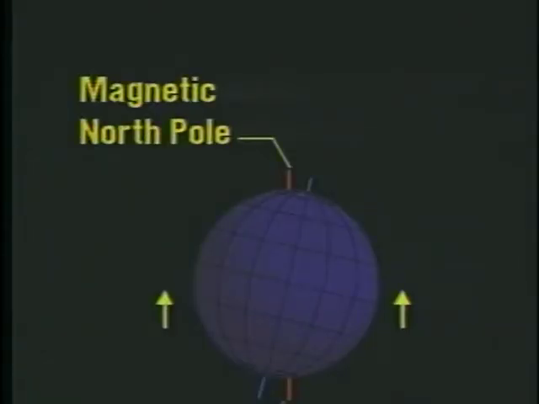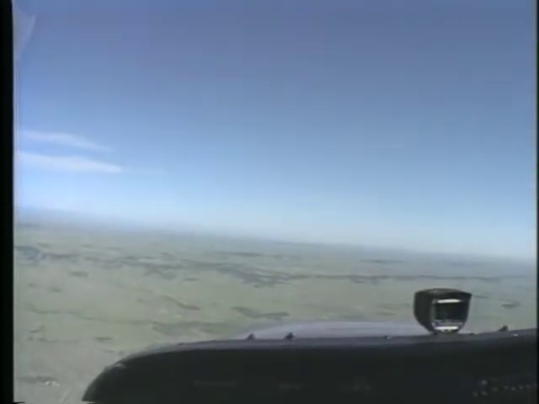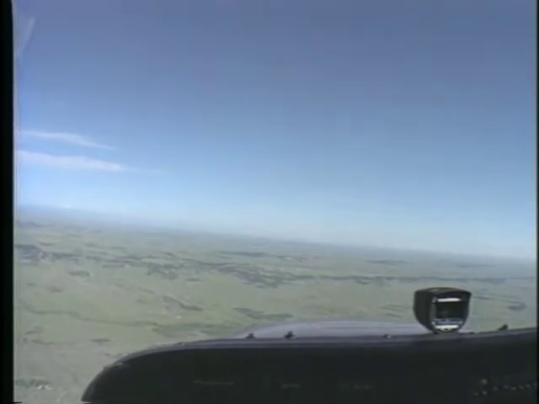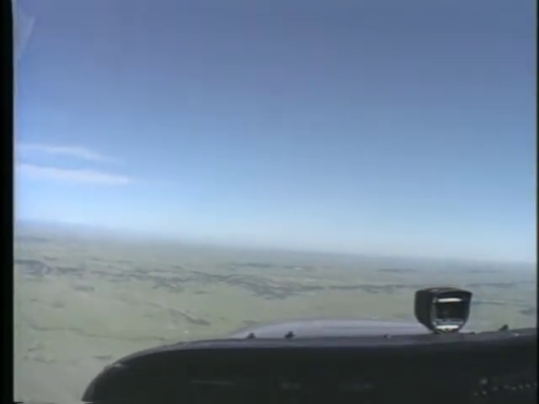The compass is also affected by magnetic dip, which is the tendency of a compass to point down and toward the magnetic poles. This error is greatest when you're near the poles. As a result of magnetic dip, your compass will give an incorrect reading when you turn, accelerate, or decelerate.